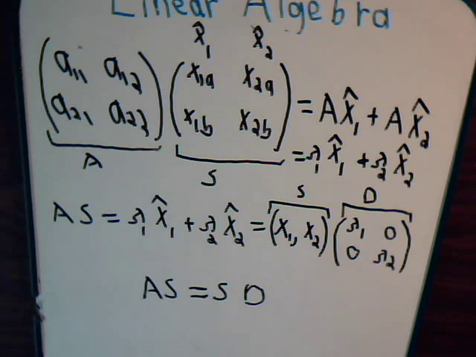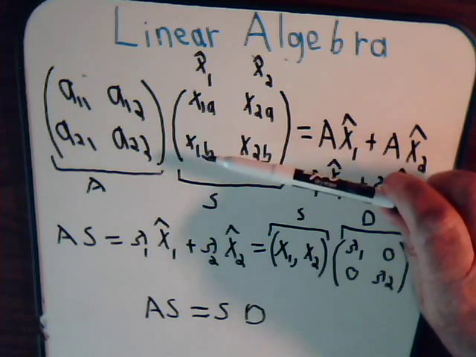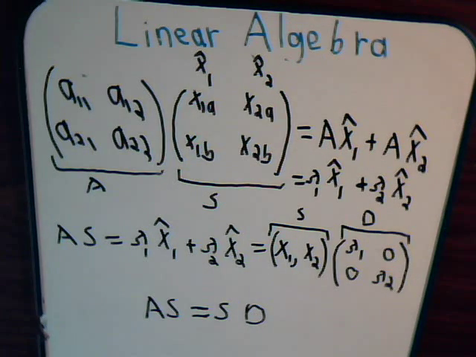Well, now, again, matrix S is comprised of the eigenvectors of matrix A. And those eigenvectors are linearly independent. Therefore, matrix S is non-singular, so it has an inverse. So let's multiply both sides of the equation by its inverse.